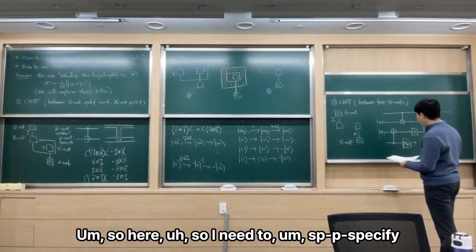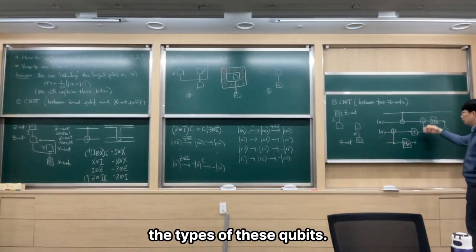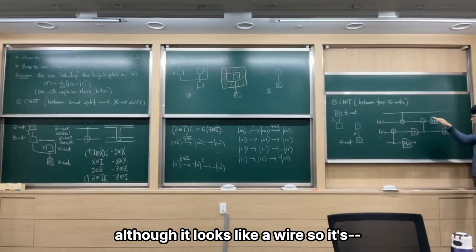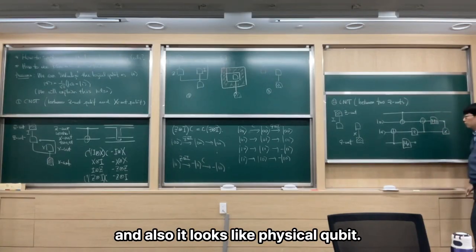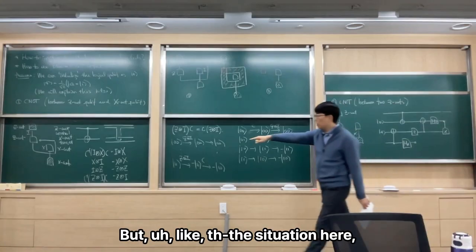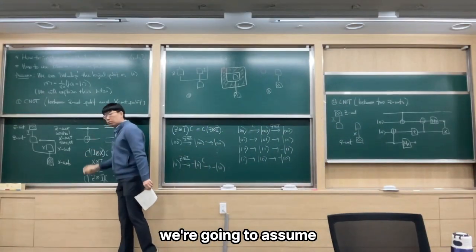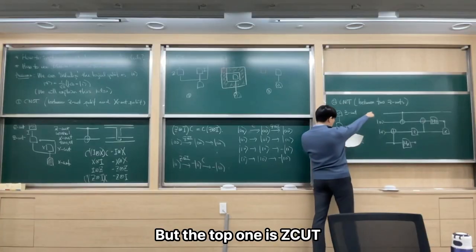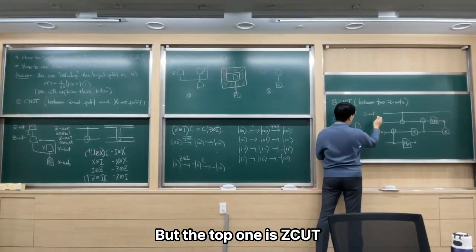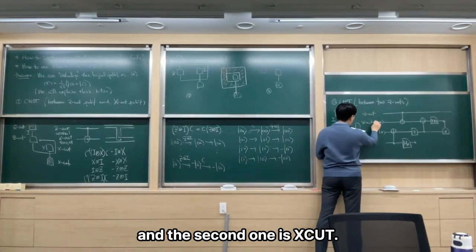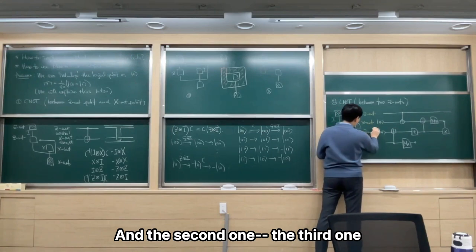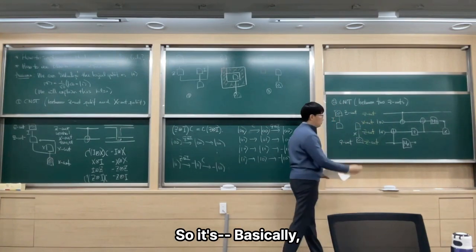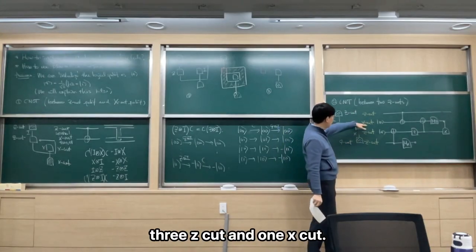I need to specify the types of these qubits. These are all logical qubits, not physical qubits, although it looks like a wire. We're going to assume that every wire represents a logical qubit. The top one is Z cut, the second one is X cut, the third is also Z cut, and the last one is also Z cut. So it's basically 3 Z cuts and 1 X cut.